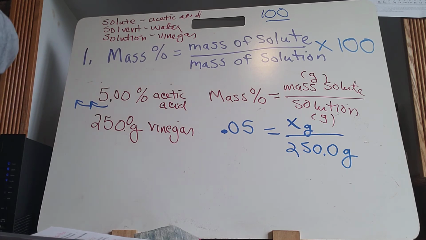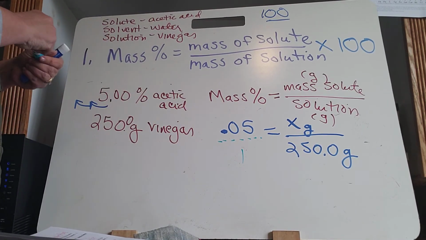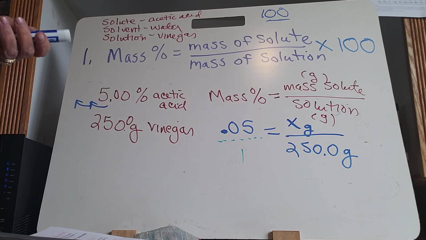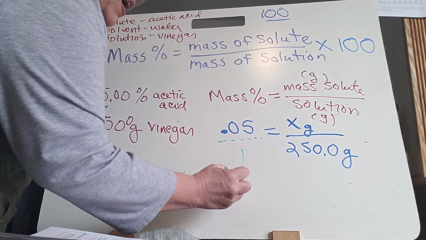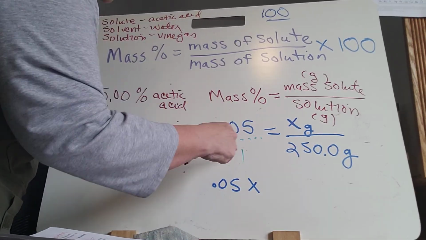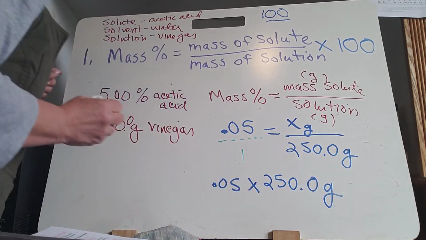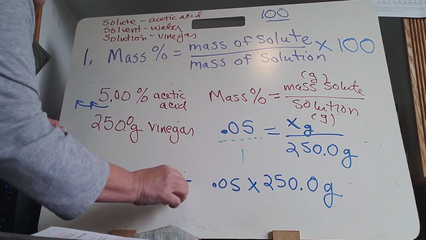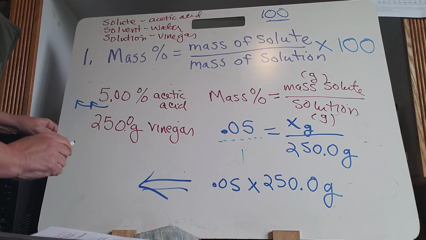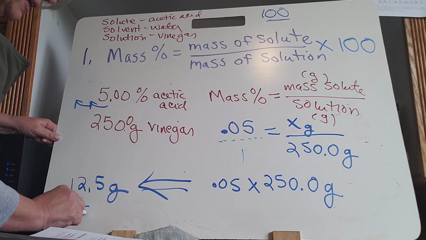So in a math class, this is kind of understood as over 1. And to solve for my X, because they equal each other, I would multiply 0.05 times 250.0 grams. There's no units on the 0.05. And from that, I'm going to get 12.5 grams of acetic acid.